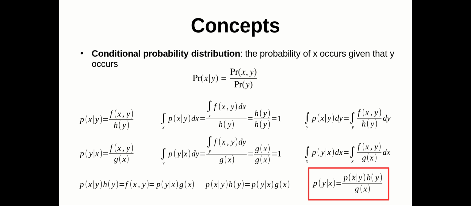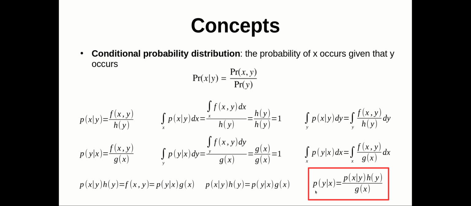Each of the distributions in this equation has a specific name. This is the marginal for x. The function h(y), the marginal for y, is called the prior distribution for y. And p(x|y) is a conditional probability for x, and it's also the likelihood of y.